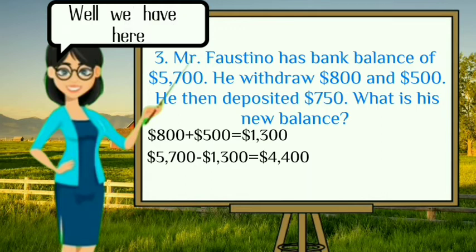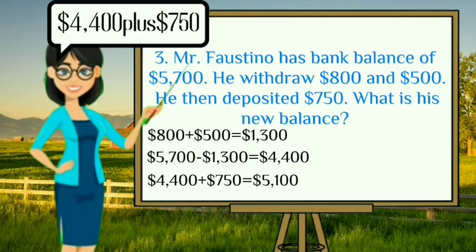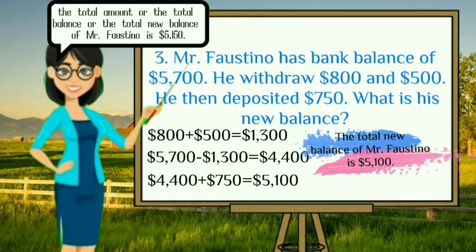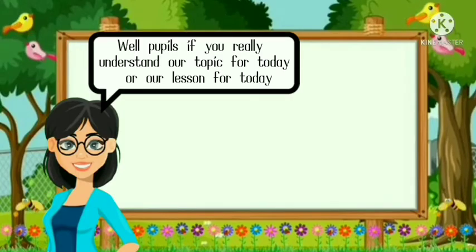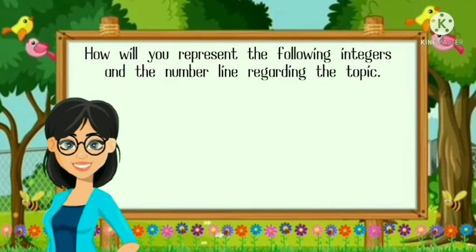Well, we have here $4,400 plus $750. The total new balance of Mr. Faustino is $5,150.